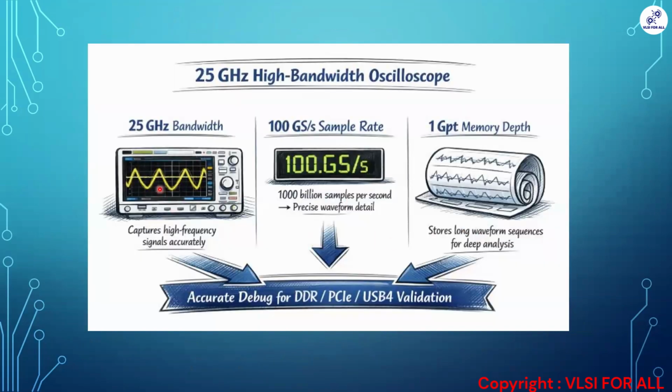If you see the oscilloscope, it is 25 gigahertz bandwidth. It's a high frequency signal bandwidth used for low speed IPs as well as high speed IPs. It has a 100 giga samples per second sample rate, which means 100 billion samples per second it can precisely sample. And 1 GPT means gigapoint memory depth to store the waveform.